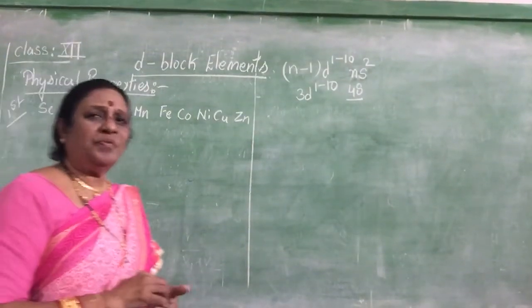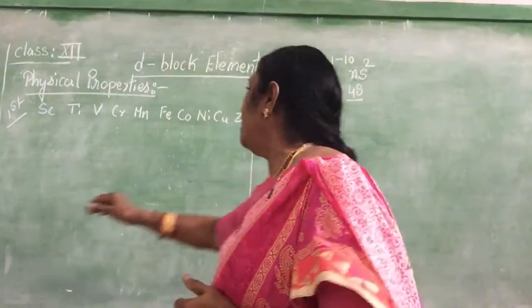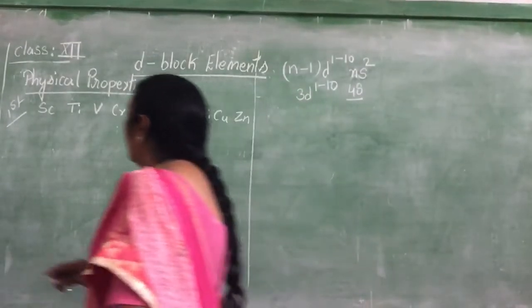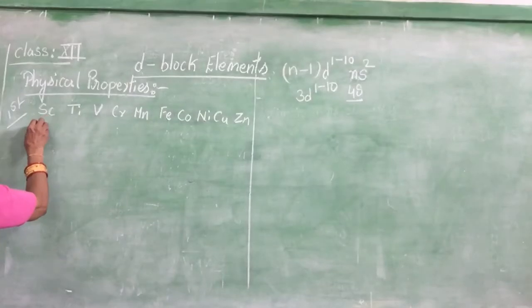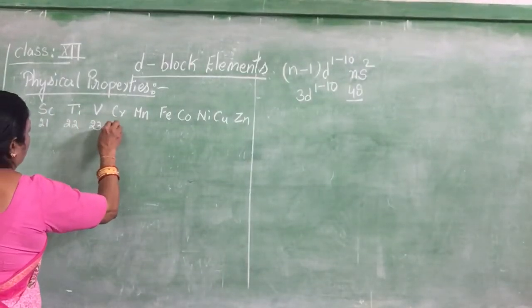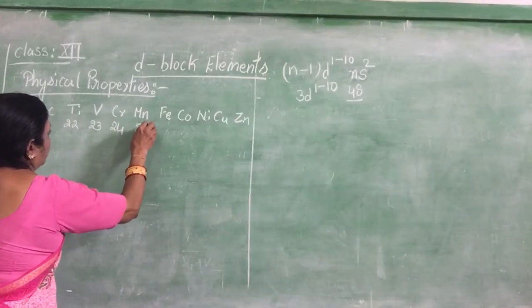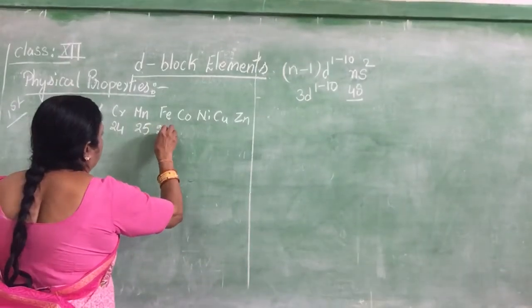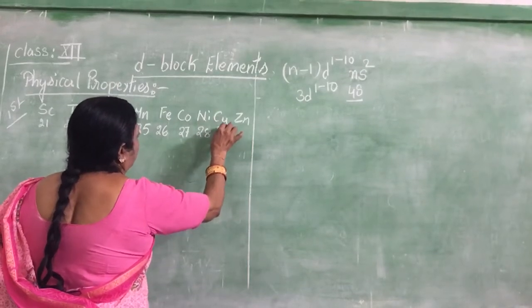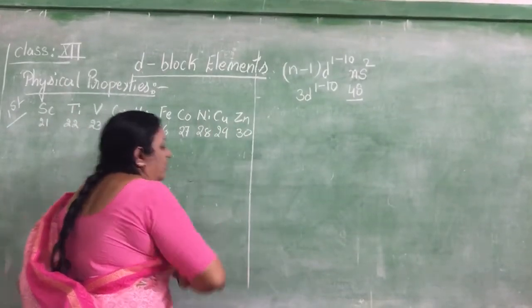Now as we are moving from scandium to zinc, atomic number is increasing: 21, 22, 23, 24, 25, 26, 27, 28, 29, 30.